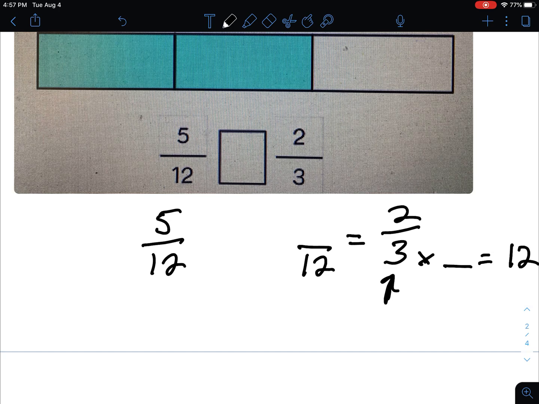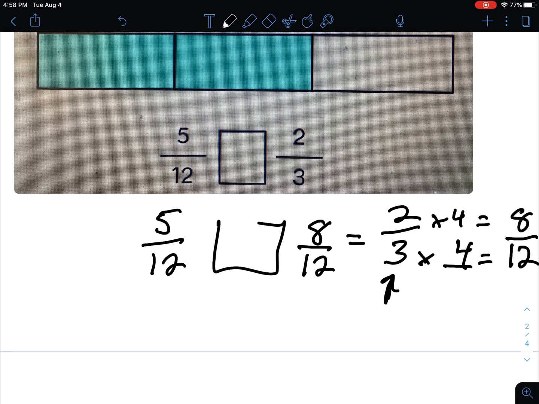So what did I multiply 3 by to get 12? That's right, 4. So if I multiply the denominator by 4, what do I have to do next? That's right, multiply the numerator by 4. So my new numerator is going to be 8. So 2/3 is equivalent to 8/12.